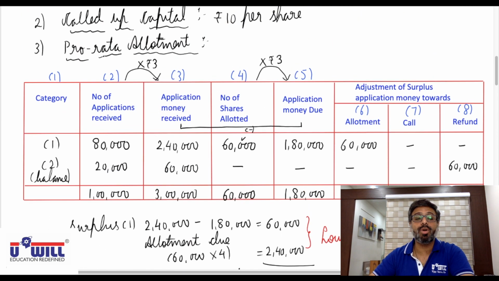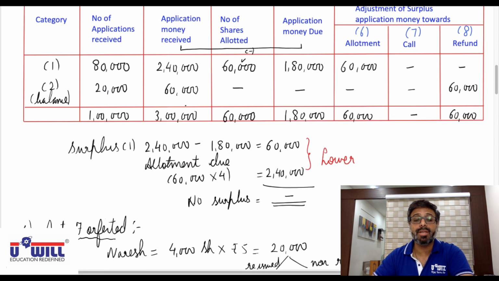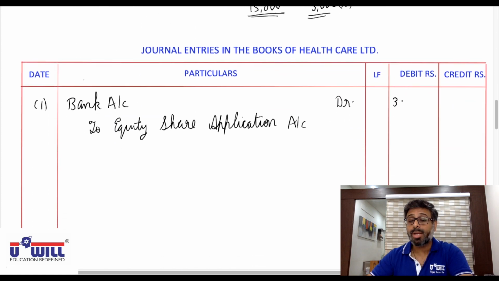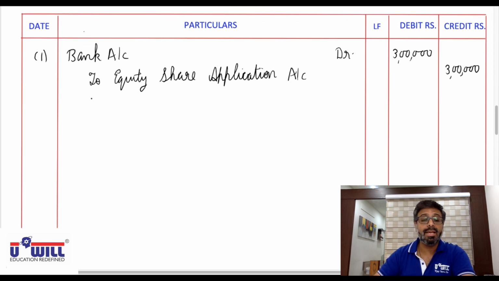Directly from the working note of pro rata allotment, column number 3. What is the total application money received? 3 lakhs, directly from pro rata workings, column number 3. Being application money received.